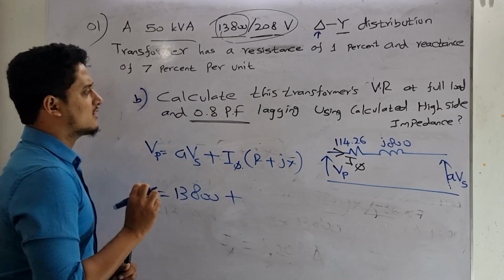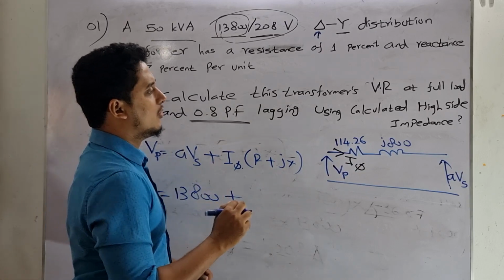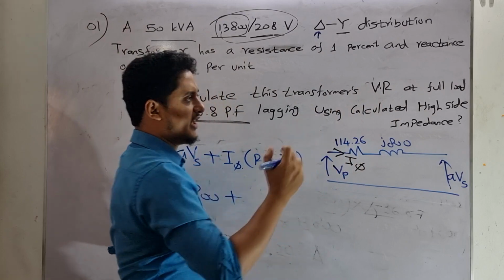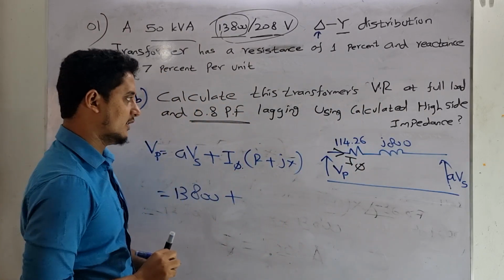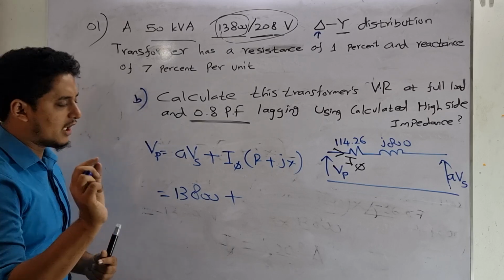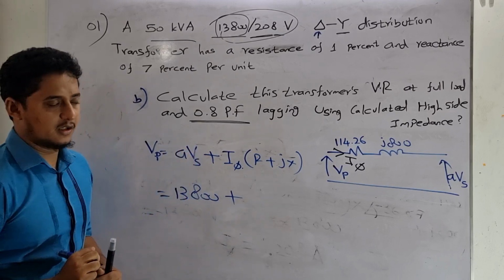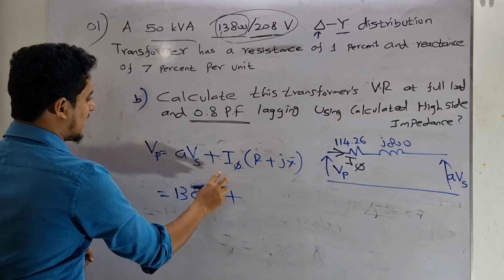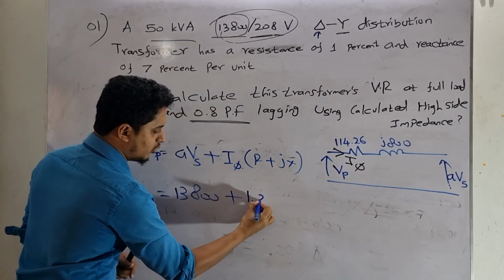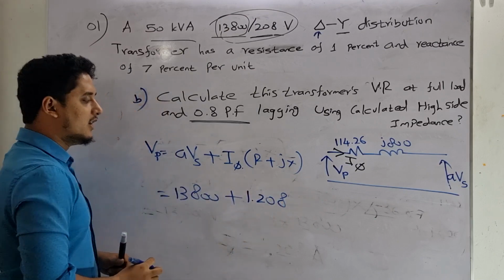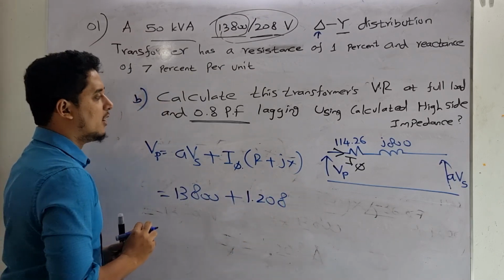We know in this transformer, we are going to calculate the voltage regulation at 0.8 power factor lagging. So we have to calculate the power factor angle. Here the phase current is equal to 1.208 and power factor angle. What is the power factor angle?